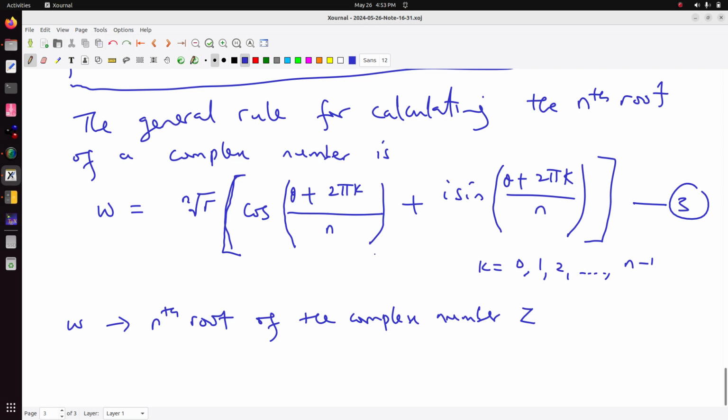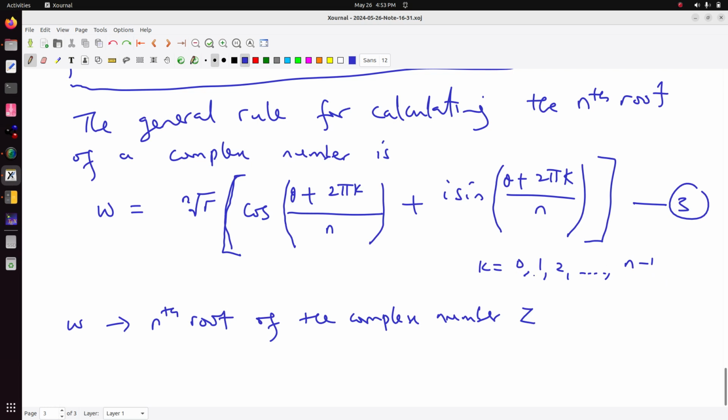Now k: if you have to find the square root of a complex number, there will be two results, so k will run from 0 and stop at 1. In that case n will be 2, so k runs from 0 up to 2 minus 1, which is 1.